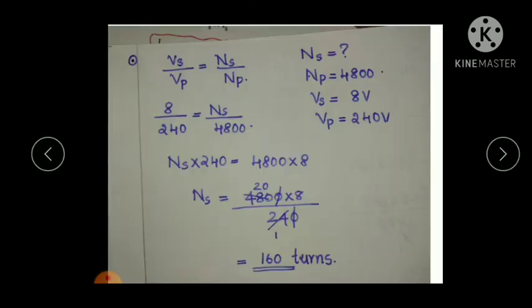Given that Np is equal to 4800, Vs, voltage in the secondary is 8 volt, and voltage in the primary is 240 volt. Using this equation we find Ns. So Ns is equal to 160 turns. The number of turns in the secondary is equal to 160.